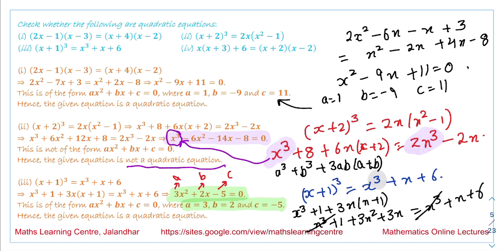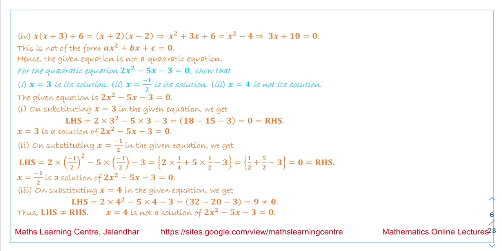Now in this last part, on the next slide, the equation given to us is x(x + 3) + 6 = (x + 2)(x - 2). If we open this bracket, it is x^2 + 3x + 6 = x^2 - 4.